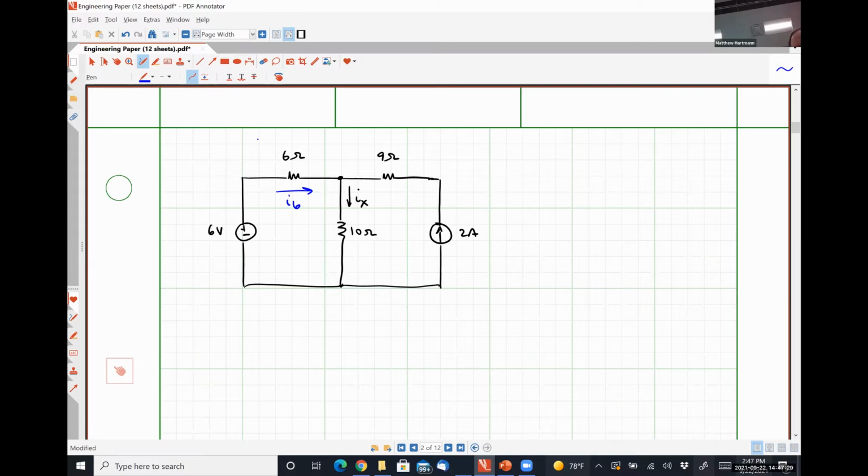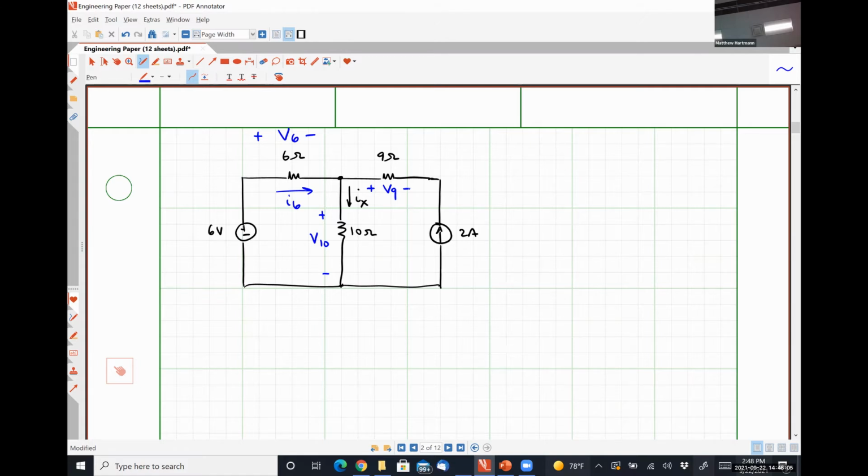And for the sake of argument, because we might have to use this, I'll call this guy V6, this guy V10, and this guy V9, like so. So that we have currents and voltages well defined for all of our resistors at a minimum, so we can probably apply Kirchhoff's voltage law and Kirchhoff's current law and Ohm's law anywhere and everywhere we could potentially need to.